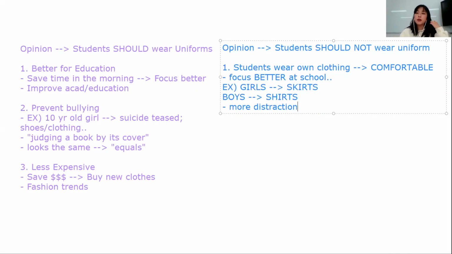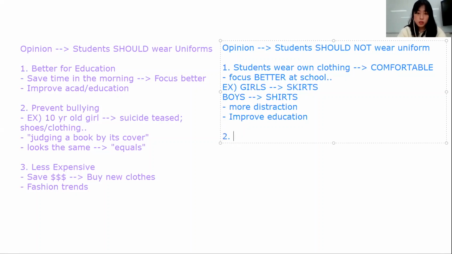Okay, so you could fight for that for the first point. So therefore, if we all wear our own clothes to school, we are more comfortable, which in the bigger picture is going to improve education, right? Because we're going to be able to focus on everything that's happening in class more.